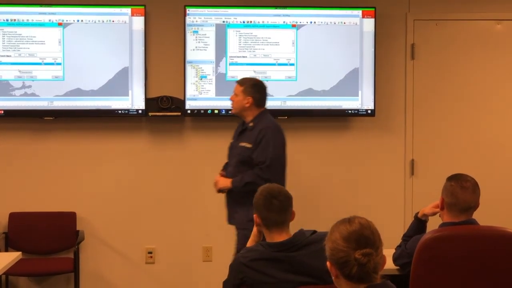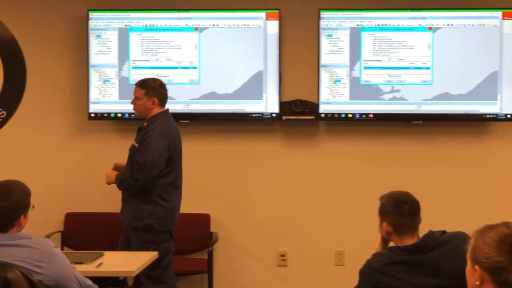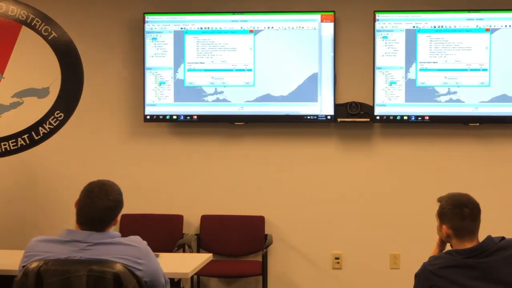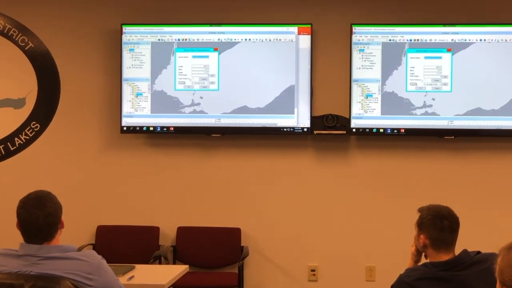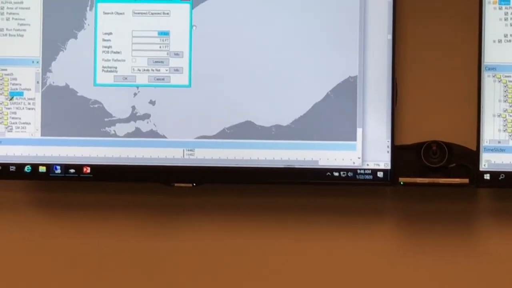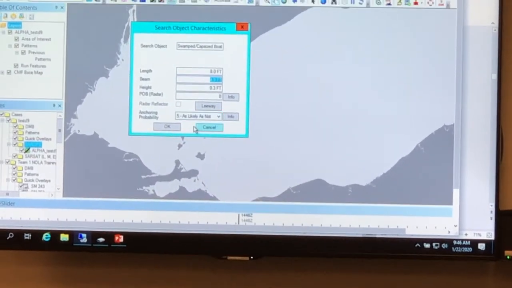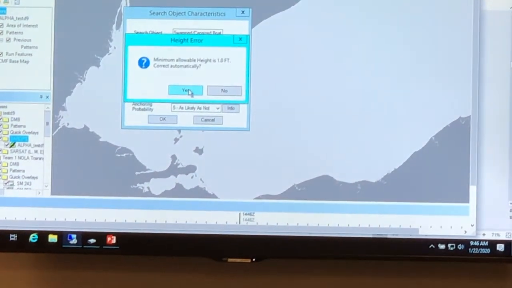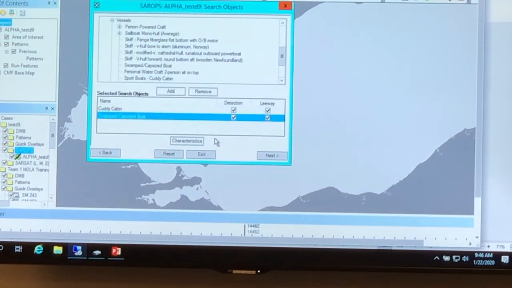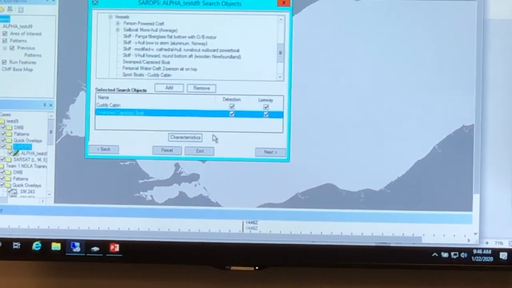So what I've told people I recommend still is that if you've been doing multiple searches on the size of the swamp boat and it's a small wreck boat, go back and change this. You don't have to keep this as a 20-foot swamp capsized boat. Since this doesn't make a difference, I can call it 8 feet. Right? It says, oh, the maximum allowed height is 1. You go, yeah, that's fine. Leave it there. So now I'm making the assumption that only 1 foot of it's above the water.